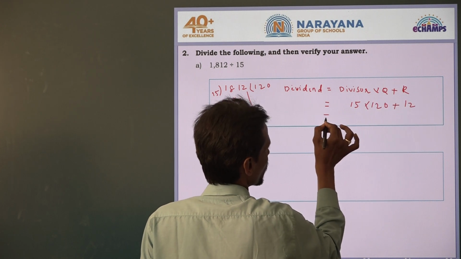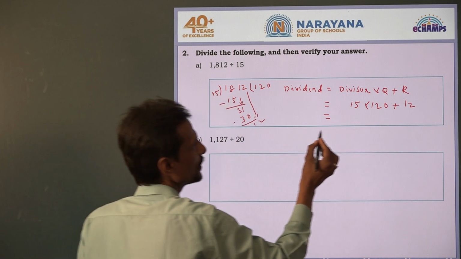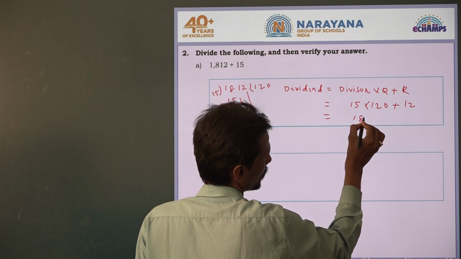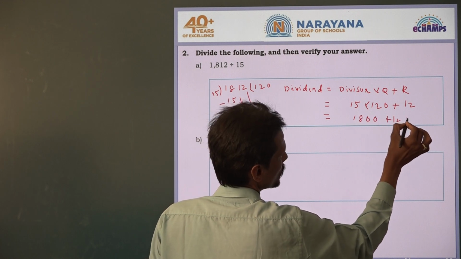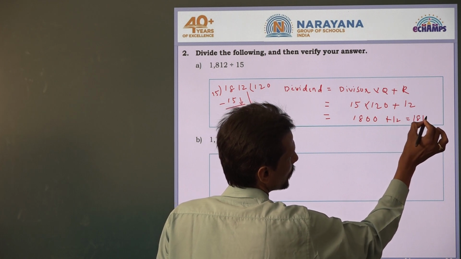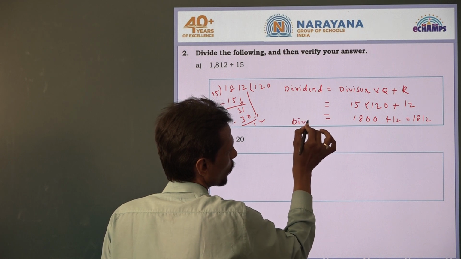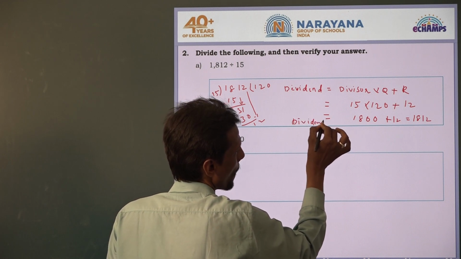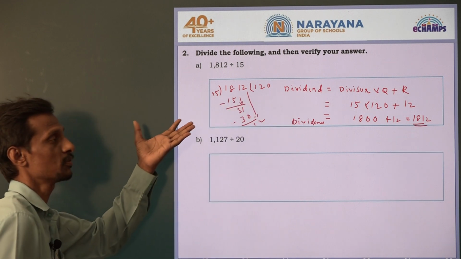So here 15 and 120 should be multiplied: 1800 plus 12 is equal to 1812. So it is the dividend. So the given problem is correct.